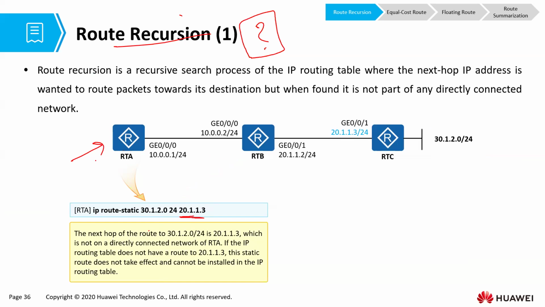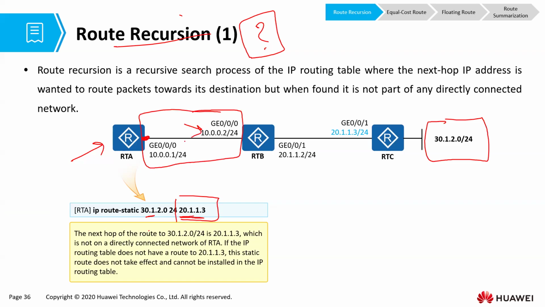However, this route won't be installed. Why? Because if I want to go to this network according to the route, the next hop IP is not part of a directly connected interface. The exit interface is in another network. The next hop is not there.